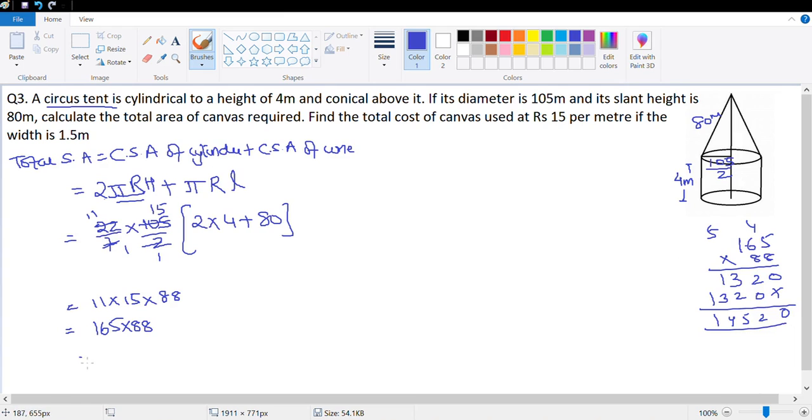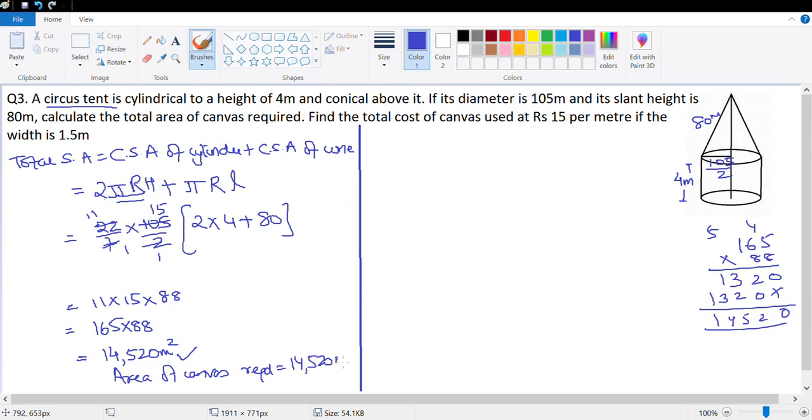So total surface area is 14,520 meter square. So we figured out the total area of canvas required. So area of canvas required is equal to 14,520 meter square. Let's look at the next part.